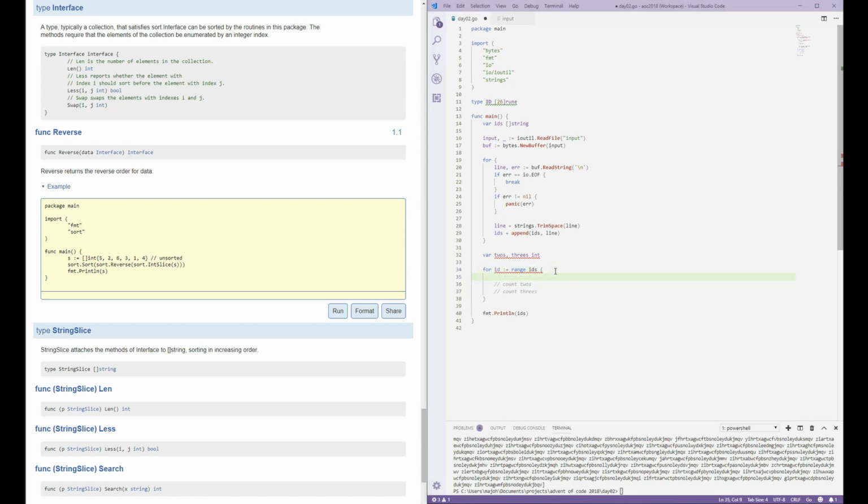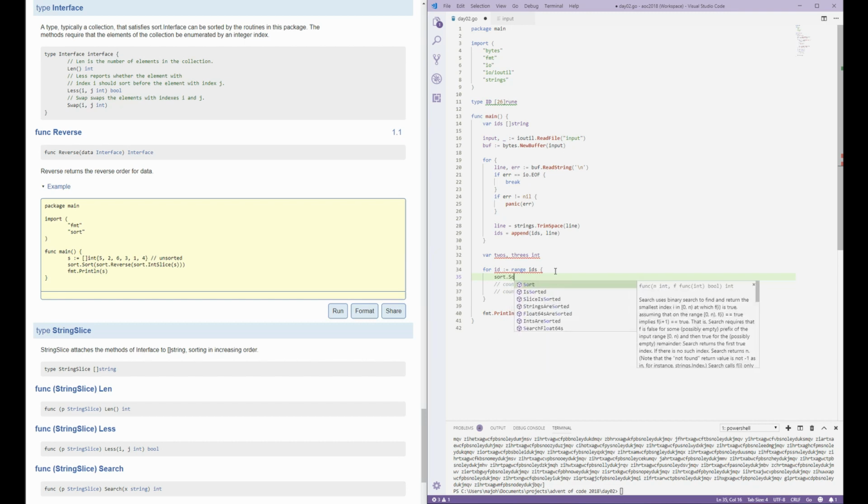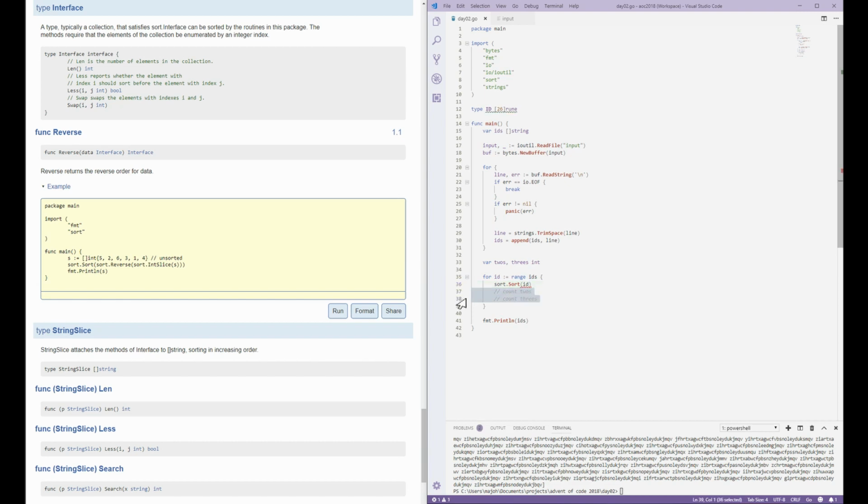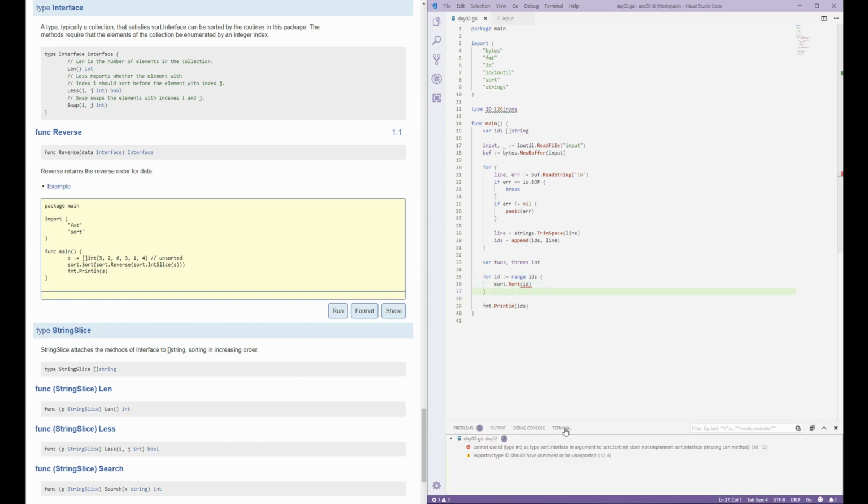So basically what I want to do is do a sort, and then sort the ID. But I suppose that's not implemented, right? Cannot use type ID as type sort ID. Okay, so I have the index.